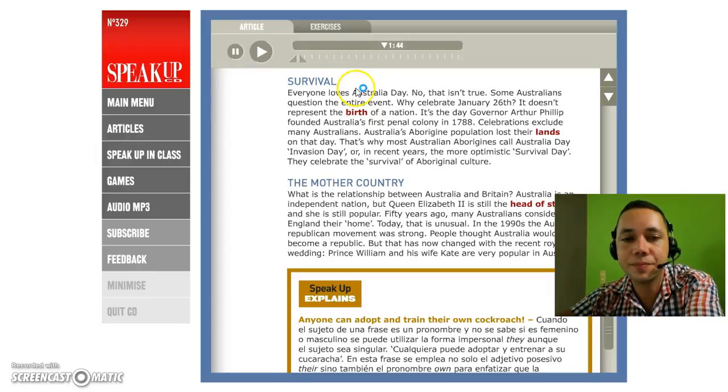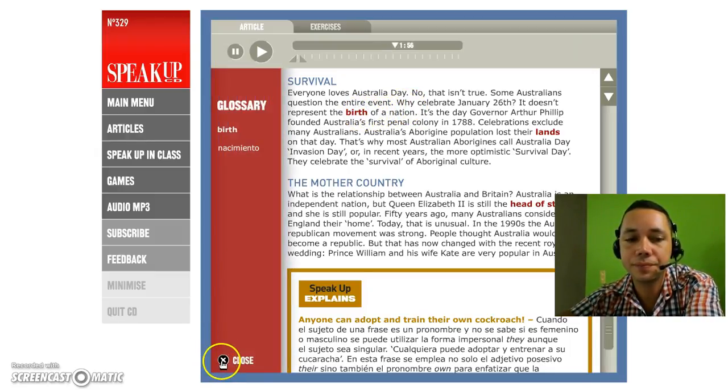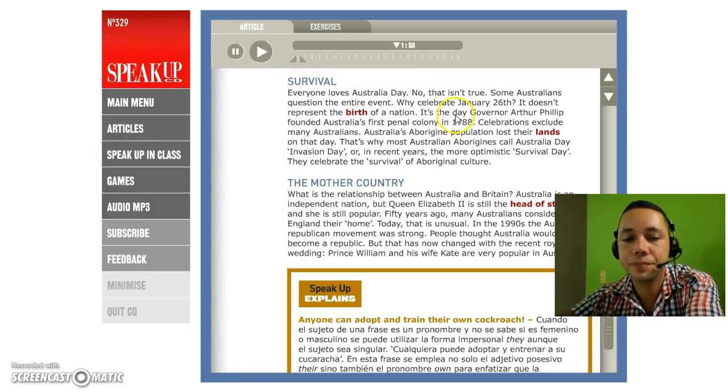Everyone loves Australia Day. No, that isn't true. Some Australians question the entire event. Why celebrate January the 26th? It doesn't represent the birth of a nation. It's the day Governor Arthur Phillip founded Australia's first penal colony in 1788.